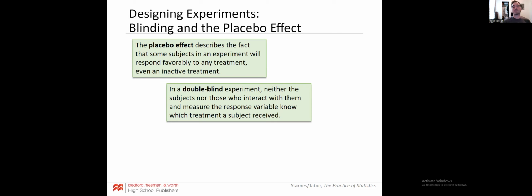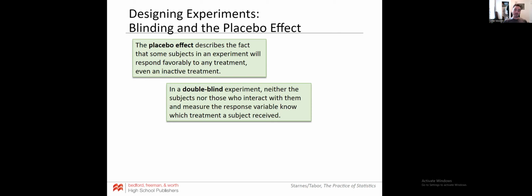A double blind experiment means that you are hiding who has the treatment and who has the placebo from the individuals that are taking the treatments, as well as from the individuals who are conducting the experiment, right? So, say, for instance, I wanted to know if a certain pill worked really well, right?